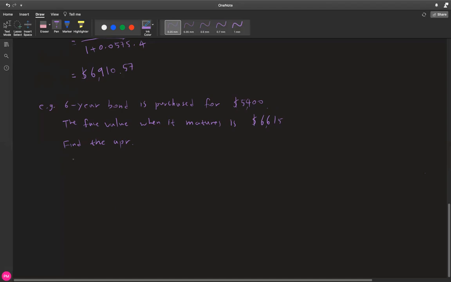So let's go over this problem. We already know that the face value is given as P plus I, the principal plus the interest. In this case, we know that the principal is already given as $5,400.